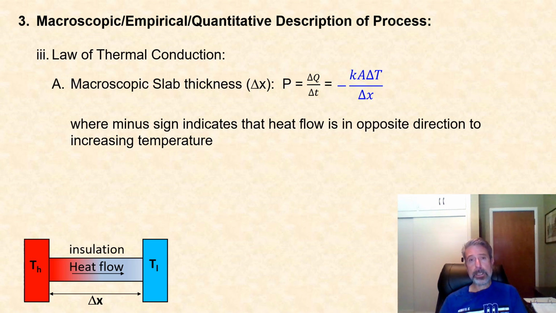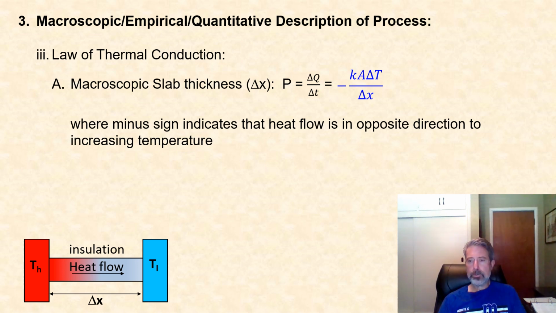So here, if an object ends up at a higher temperature than it starts at, that would give you a positive value for delta T. But that would also indicate that heat would flow from the cold object to the hot object if that object was going to end up at a higher temperature than it started out at. That's why we put in the negative sign. This indicates that the heat flows in the opposite direction to the increase of temperature.